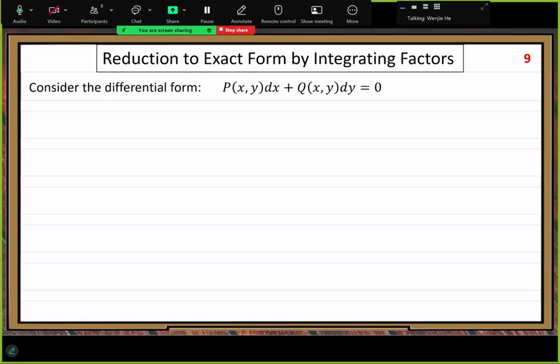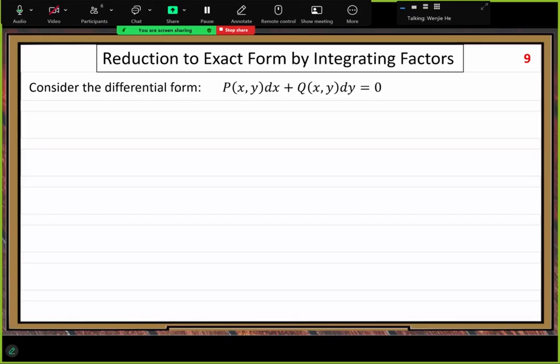Here you can see, in our previous differential form we used M and N, right? The reason people change to P and Q is that this time the criteria is not satisfied. For M and N, we assume the criteria is satisfied. But it's not a big deal.